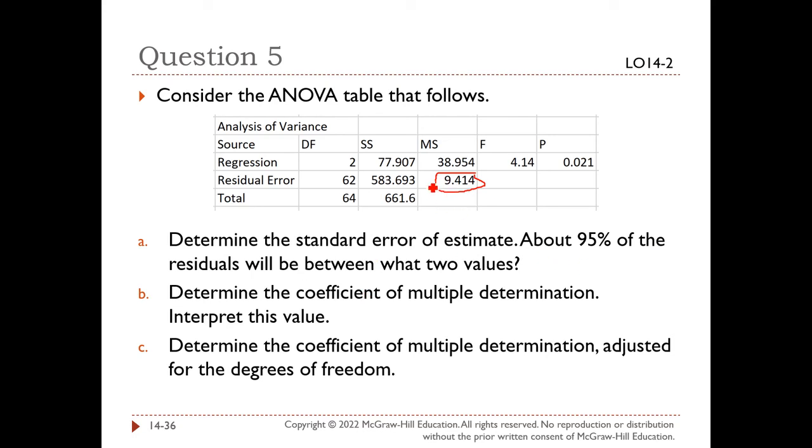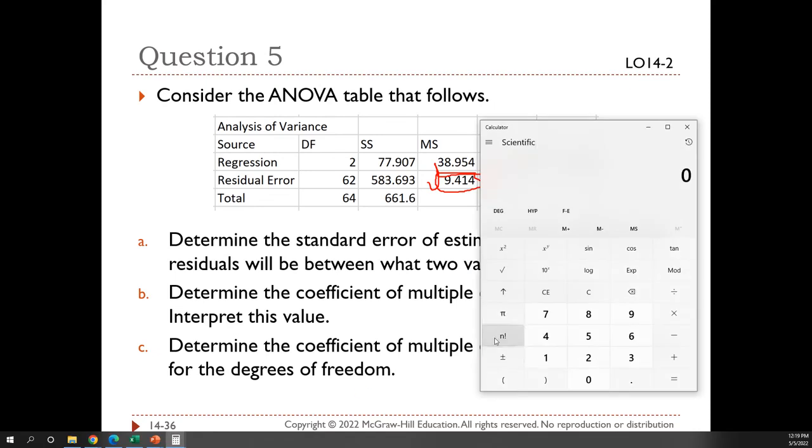We take that number and give it a good old square root. So let's take our calculator and go 9.414 and the square root of that. So we come out to about 3.068.